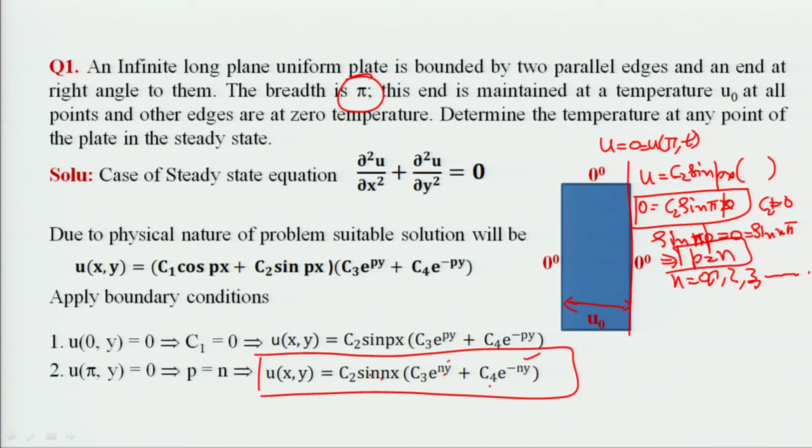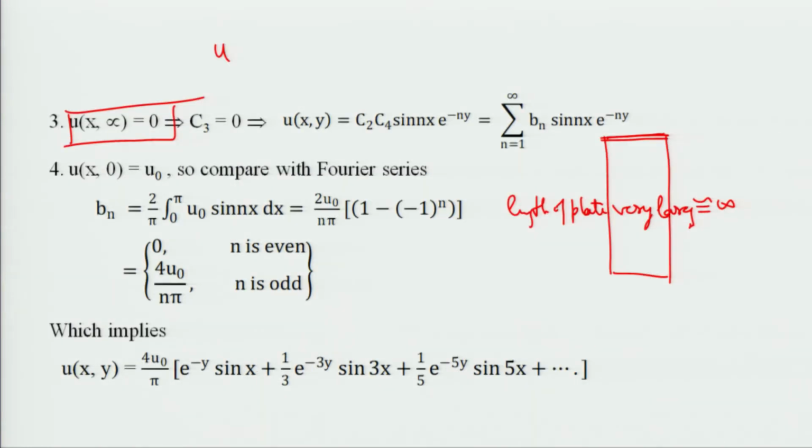We substitute infinity at the place of y. If we substitute infinity at the place of y, we would get u equals, there would be no change in this, C3 e to the power infinity y plus C4 e to the power minus infinity.